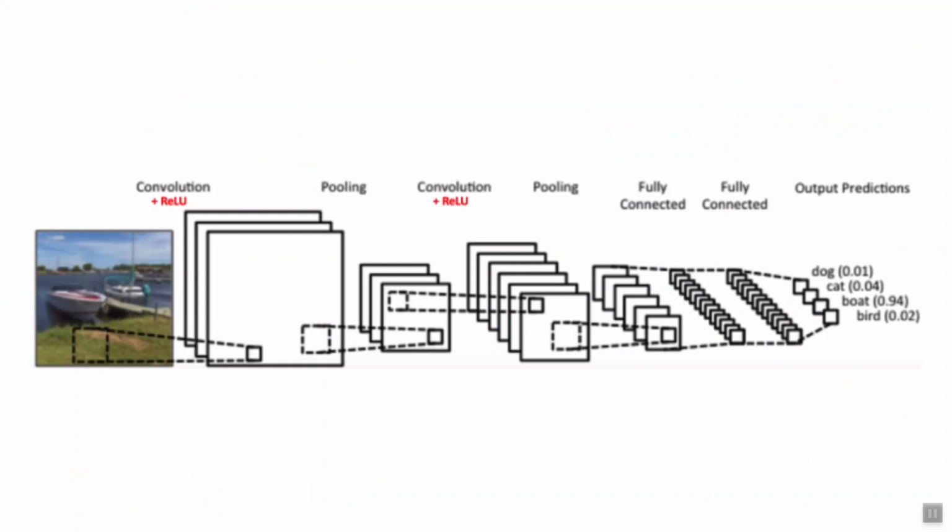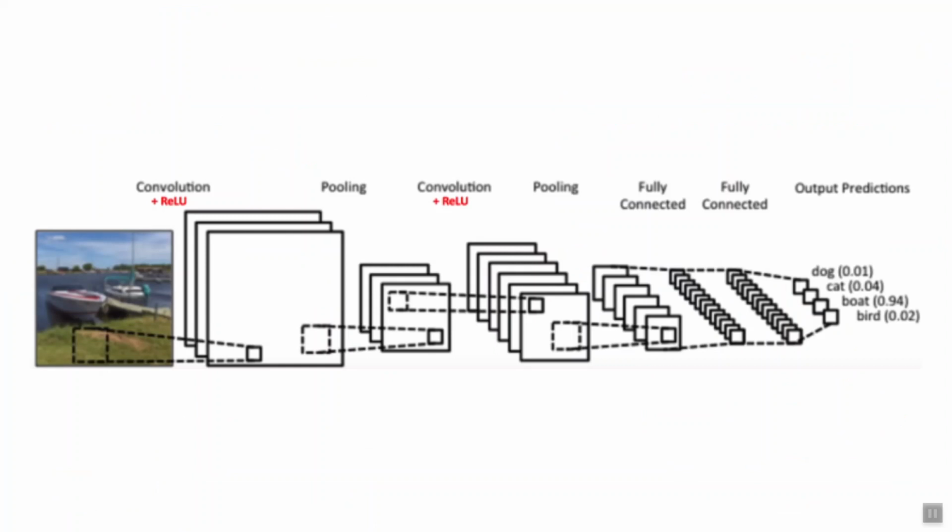To train this, you give it lots of images, and it is told when the image is a dog, a cat, a boat or a bird. It uses gradient descent to minimize the number of errors in your training.